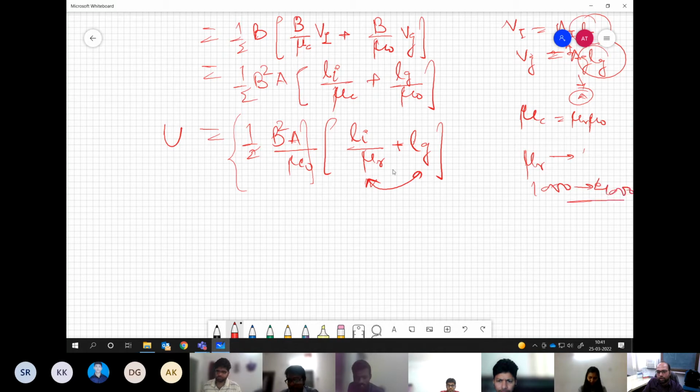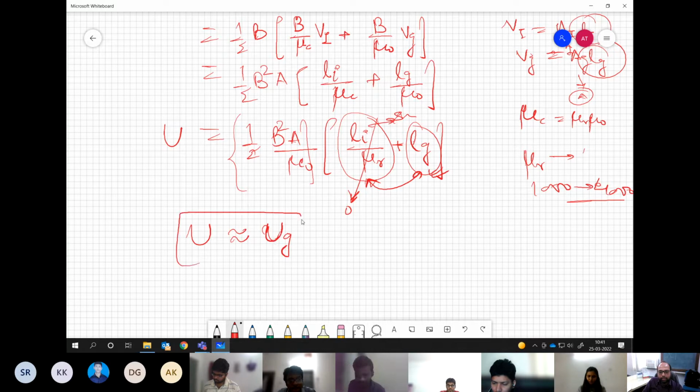So this is going to be a small number compared to Lg, which is why you can even ignore this part compared to the Lg section. So the energy stored in the coil is very close to what is stored in the air gap.